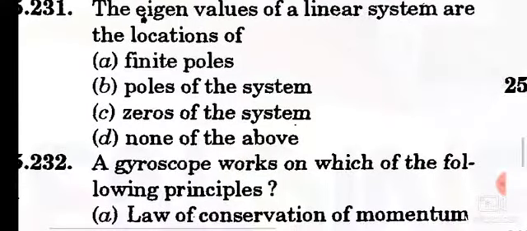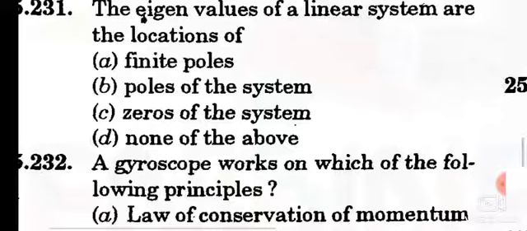Question number 231. The eigenvalues of a linear system are the locations of option D, none of the above, that are finite poles of the system, zeros of the system.